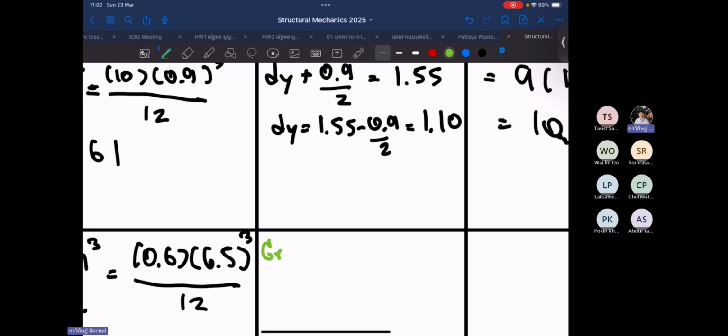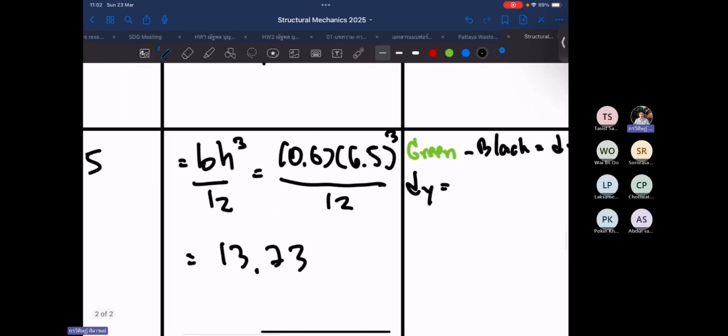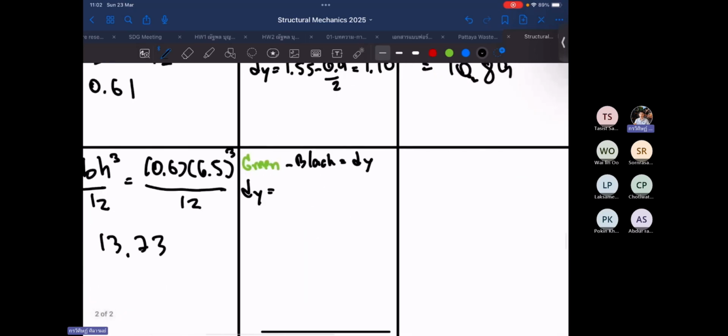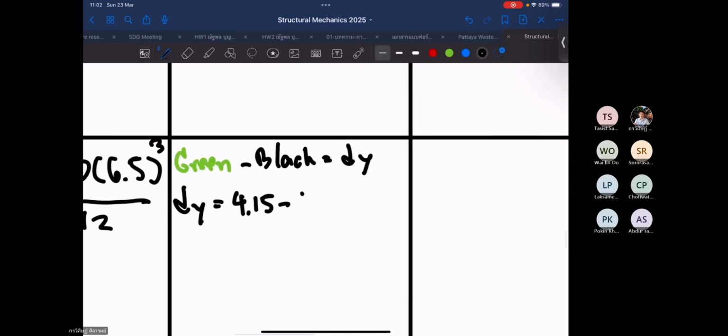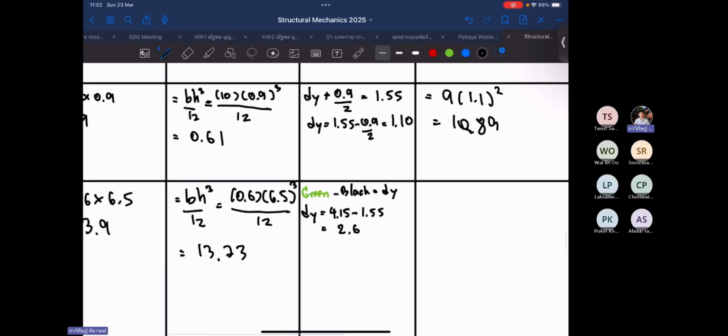Let me name the green one minus the black one must be equal to dy. So dy is equal to the green one, which I already calculated as 4.15, minus the black one, 1.55. This one is equal to 2.6.